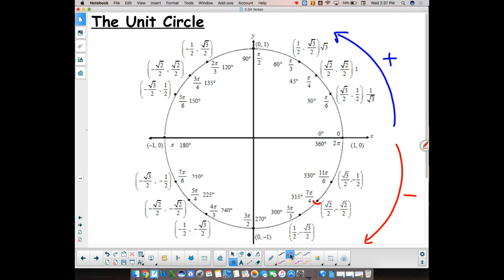Here is negative 1 pi over 4. Here is negative 2 pi over 4. Here is negative 3 pi over 4. Okay, so I'm down here at a positive angle of 5 pi over 4, but that's also negative 3 pi over 4.